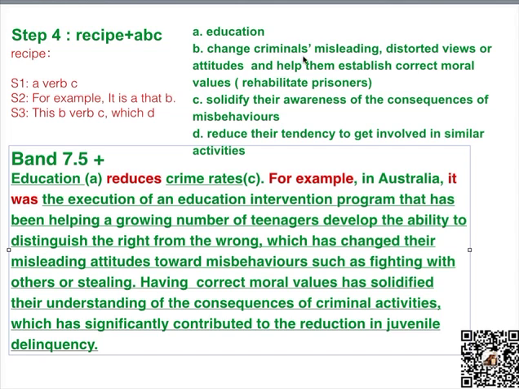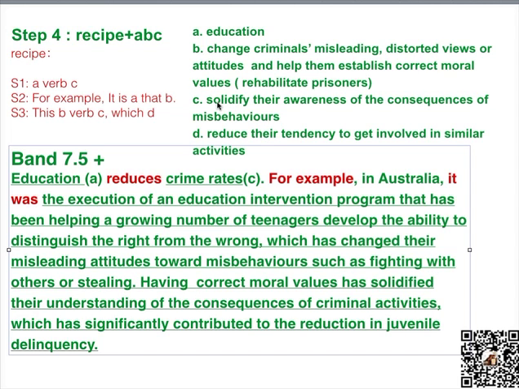To establish correct moral values means distinguish the right from the wrong. So we simply just copy paste the B below, which has changed their misleading attitudes toward misbehaviors, such as fighting with others or stealing.